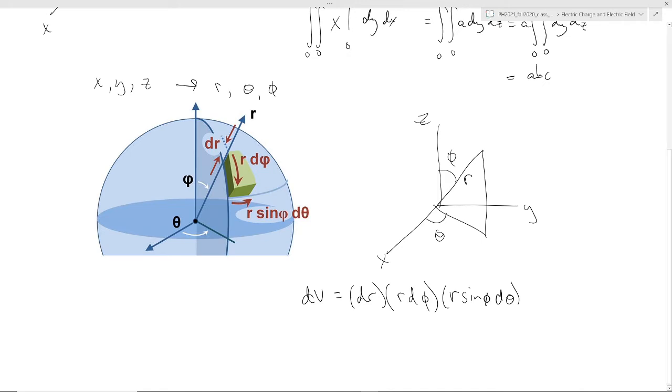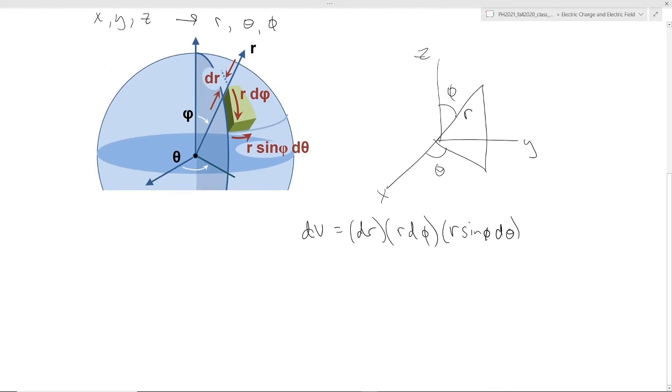So if we want to find the volume of a sphere, for example, conceptually it's the same thing. The volume will be the integral of dv, but it's become a little more complicated. We have 3 variables, so it'll be a 3-dimensional integral. We can consolidate some of this.